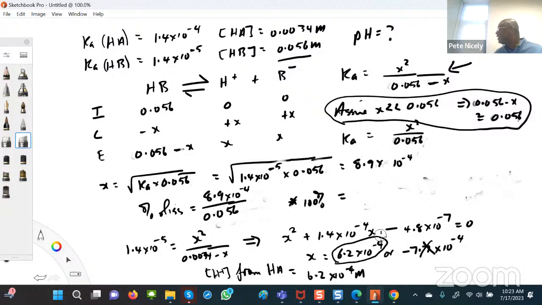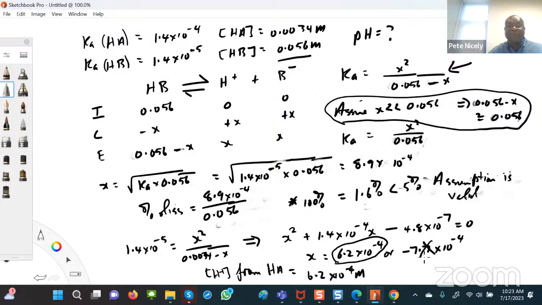According to my calculation, this works out to be 1.6%, which is obviously less than 5%. So for the second acid, that assumption would be valid. All right. So we can therefore say that, let me erase all this here. We don't need this anymore.